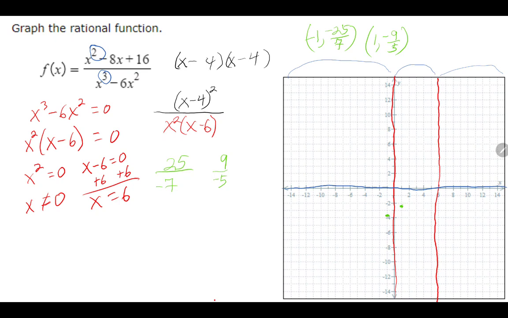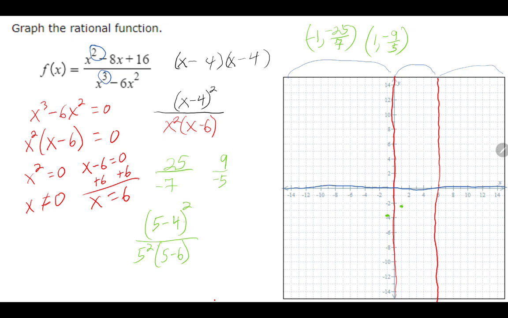Awesome. Now, I could really just go over and choose one real close to the other asymptote just because I want to see what I'm expecting the graph to look like. So I'm going to choose 5. 5 is a good number. So I plug 5 in. Maybe write that one out. 5 minus 4 squared over 5 squared times 5 minus 6.